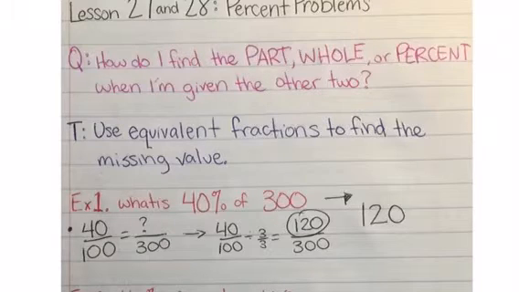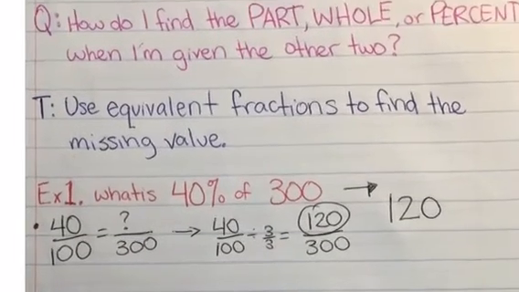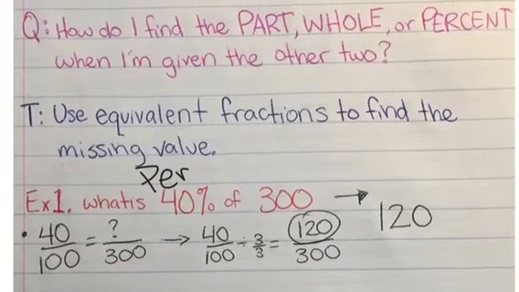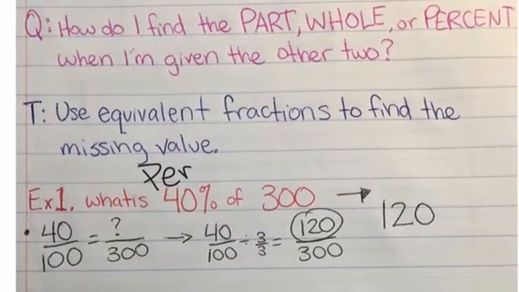All right, so let's first take a look at example number 1. It says, what is 40% of 300? Now the first thing I always want us to do is identify what we're working with. Here, the 40%, pretty obviously, is the percent. So if that's the percent, we'll come back up here in our question at the top and check that off.